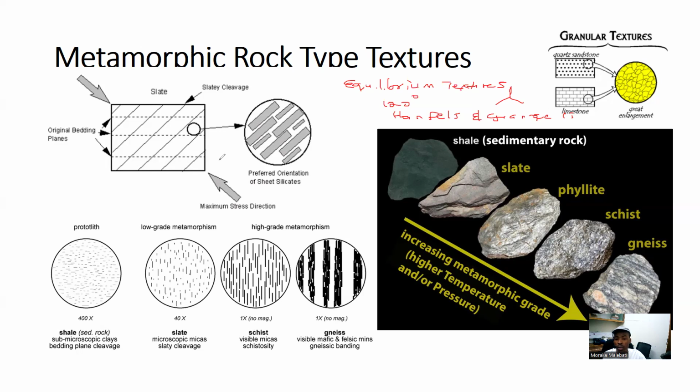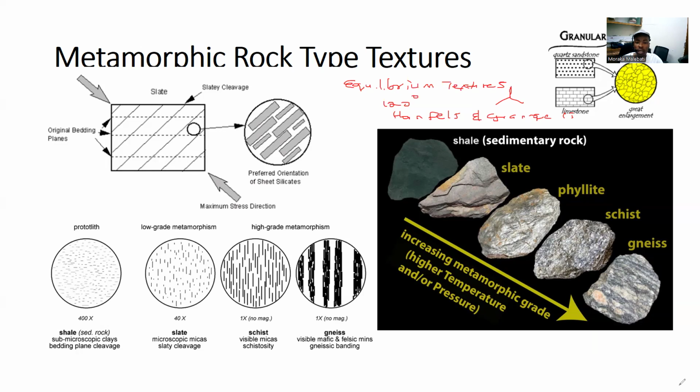But on the other hand, the foliated rocks are those that have the minerals with a preferred orientation, usually sheet silicate minerals like micas, and the most important part is that although they've got the preferred orientation, the orientation will always be perpendicular to the principal, or compressional, stress. So let's imagine first a sedimentary rock. It can be shale, for example.